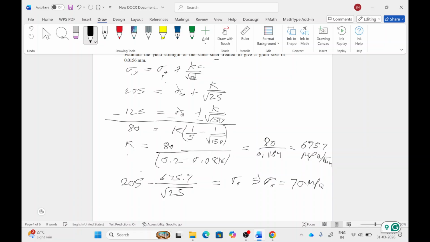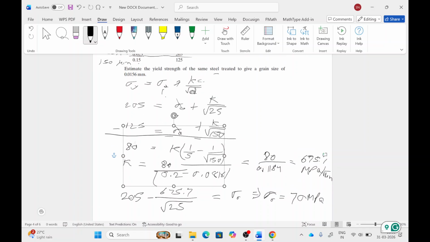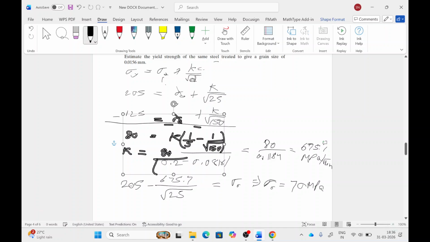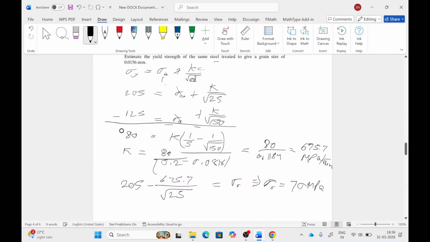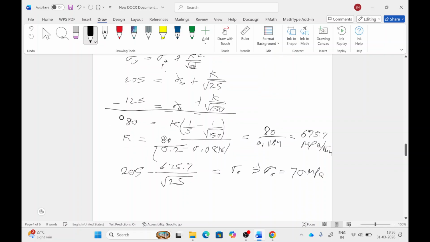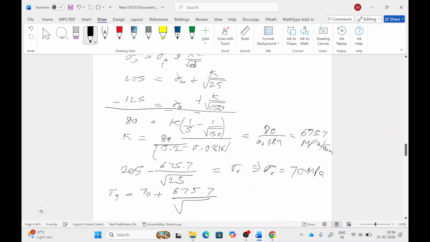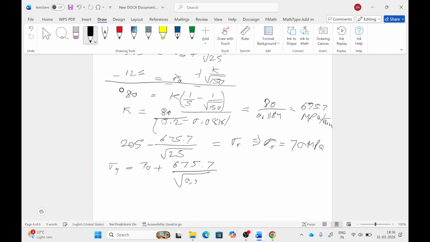Now we know the values of K and sigma naught, so we can find the yield strength at this grain size: 70 plus 60 divided by the square root of this grain size. So we can find the yield strength from this.